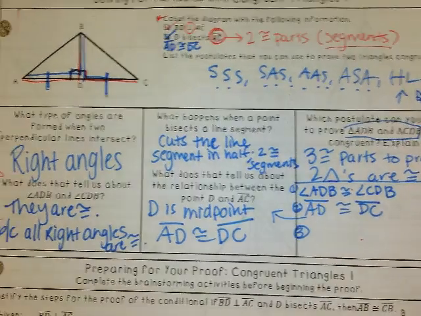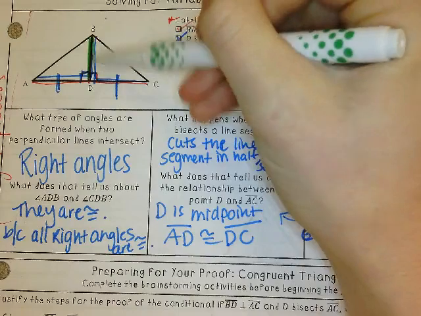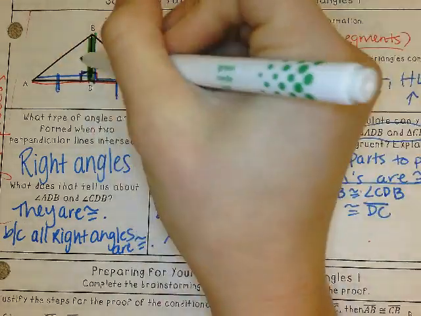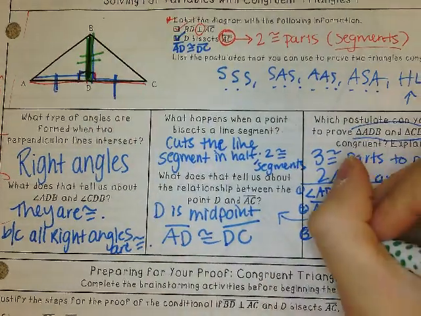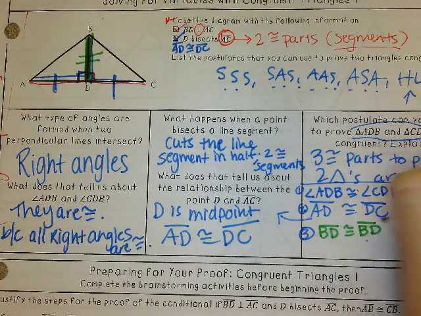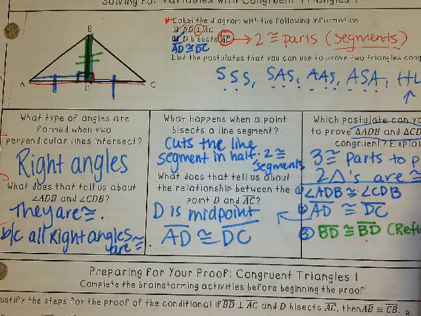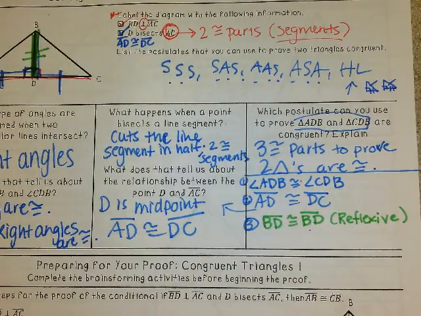All right, we don't know anything about any of the angles except for the 90 degrees, but we do know that these 2 triangles share this side BD. So it's congruent to itself. So I know that BD is congruent to BD. That's called the reflexive property. Okay, so now I have 3 parts.